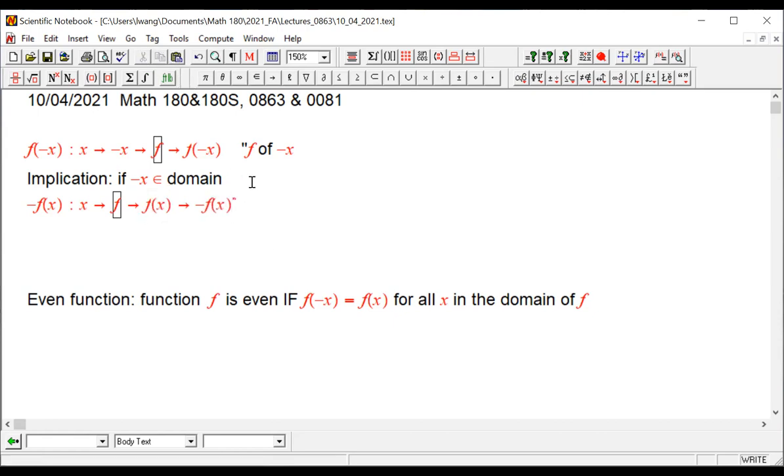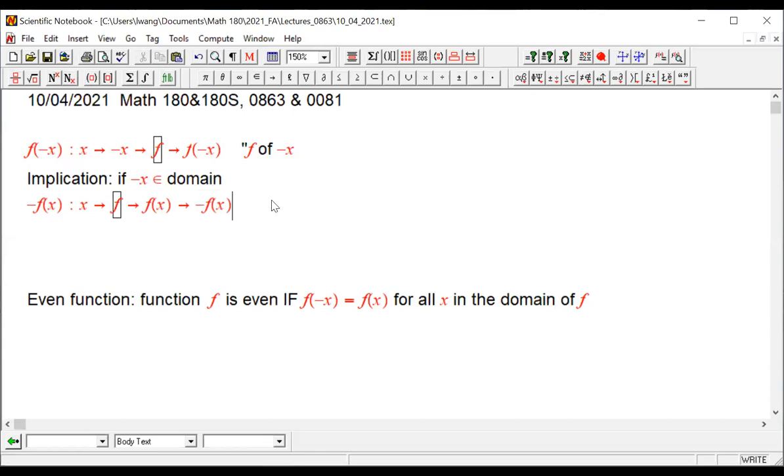That's the difference. You guys follow me? One is negate the input, then produce the output. The other is produce the output and then negate the output.